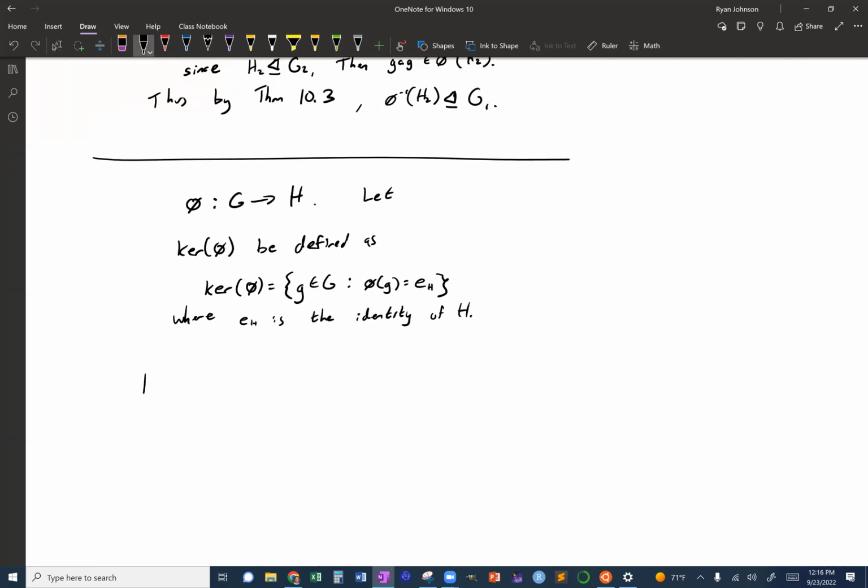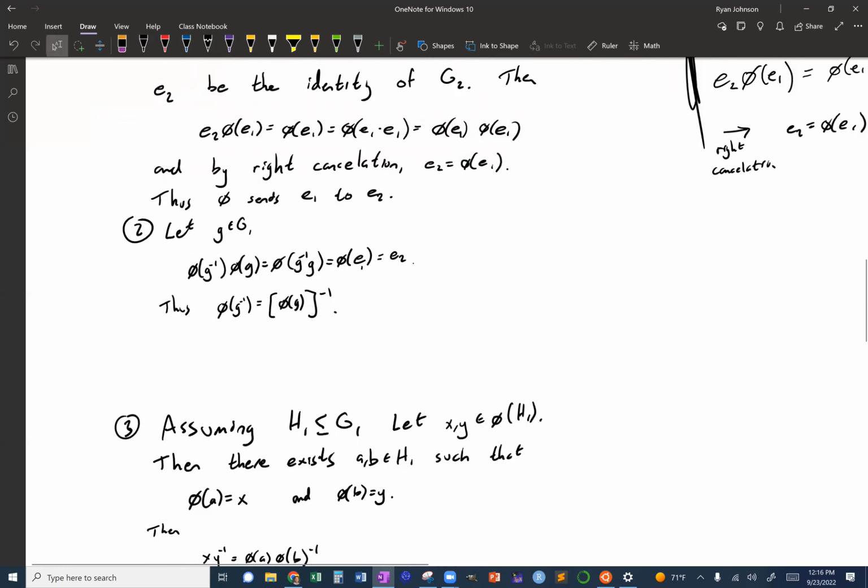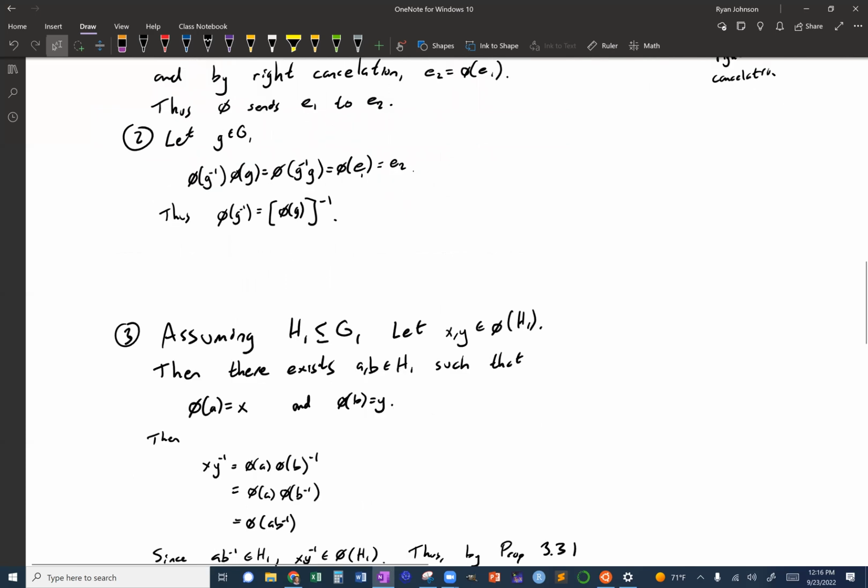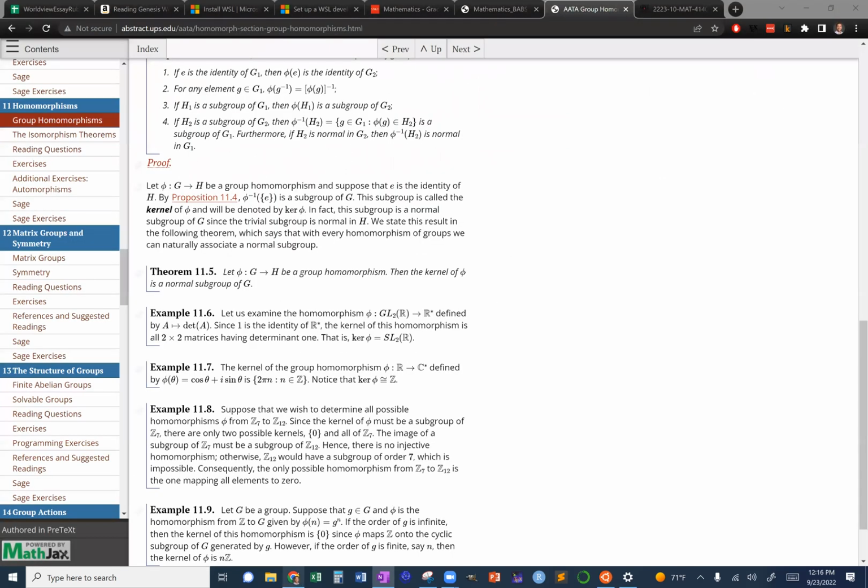And then we have a theorem. Theorem 11.5.